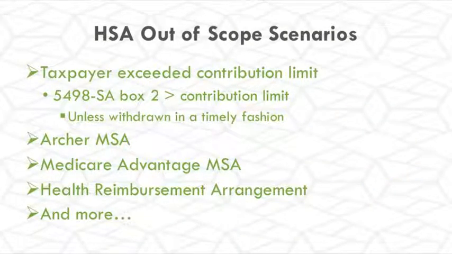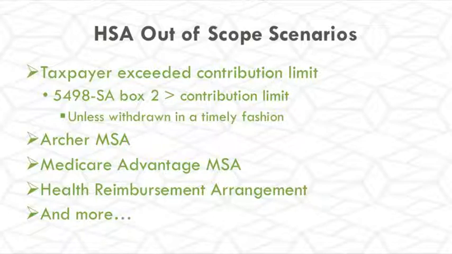Now let's talk about HSA out-of-scope scenarios. The return will be out of scope if the taxpayer exceeded their contribution limit. And you can figure that out by looking at the 5498 SA, Box 2, and comparing it to the contribution limit. Now, the contribution limit might change year to year, so make sure you're comparing to the most current contribution limit.